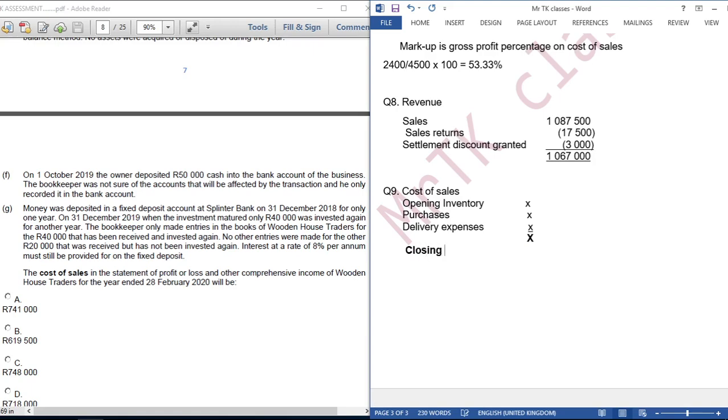When you subtract closing inventory, we are going to have cost of sales. This will be our cost of sales.